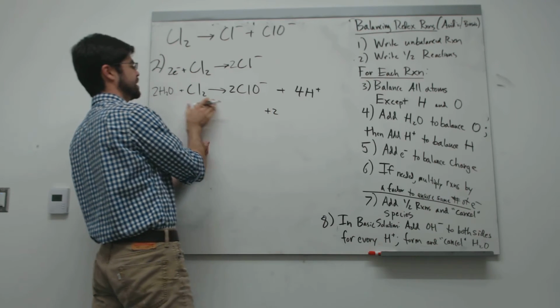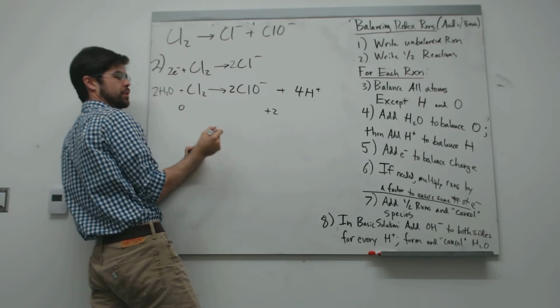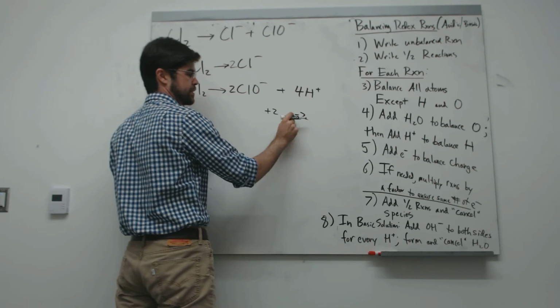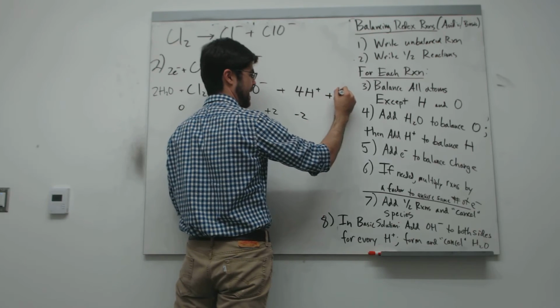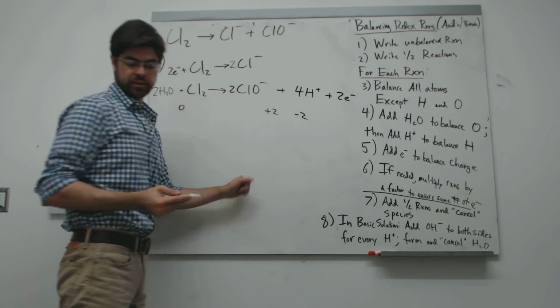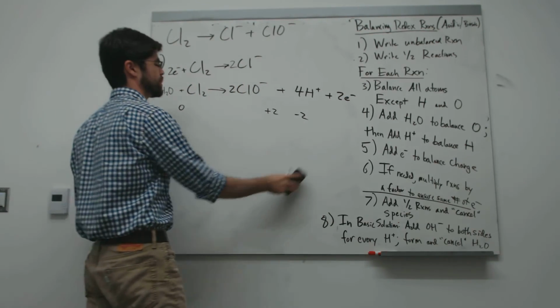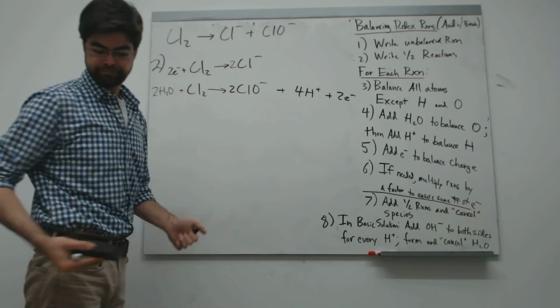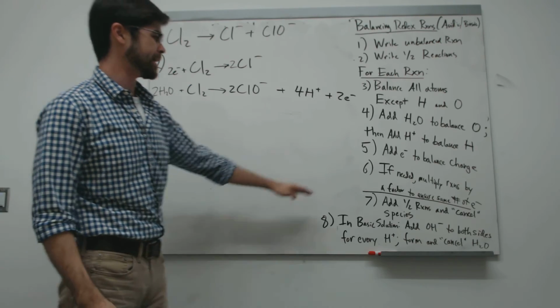The only way to get that to equal the charge over here, which is 0, is if I add 2 negative charges. So I will add 2 electrons to my products in order to balance the charges. All right, so now that's done.